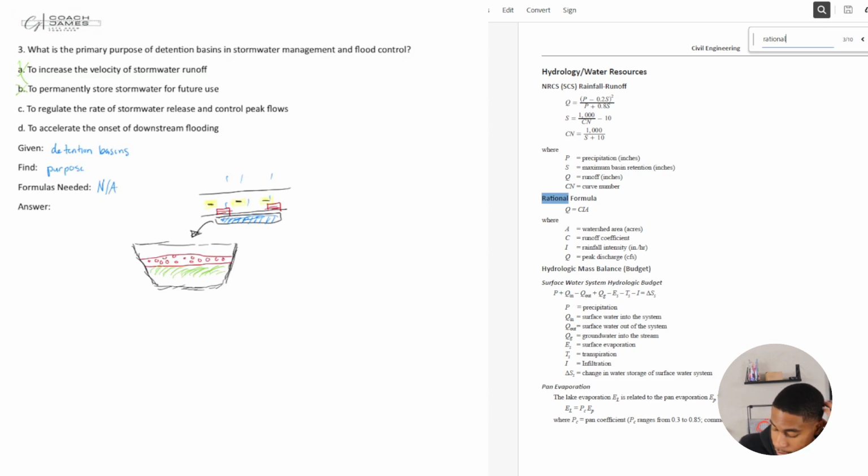To regulate the rate of stormwater release and control peak flows, yes. So if you can set up your baffles, your grass, all those different things to control how fast flow is going, then that's what your detention basin is supposed to be doing. And to accelerate the onset of downstream, you never want to accelerate water, typically. So no. All right, so answer is D.